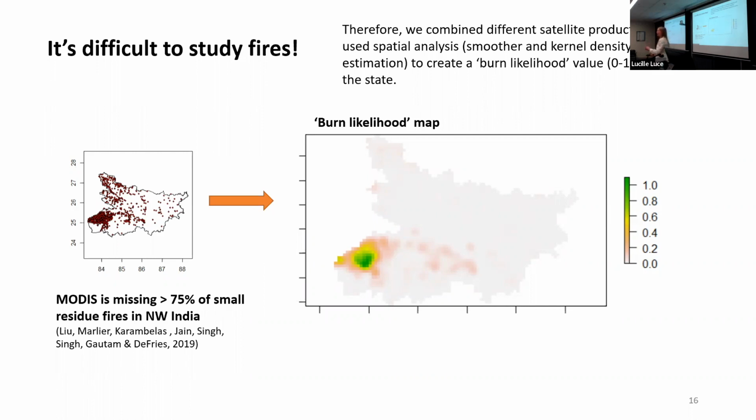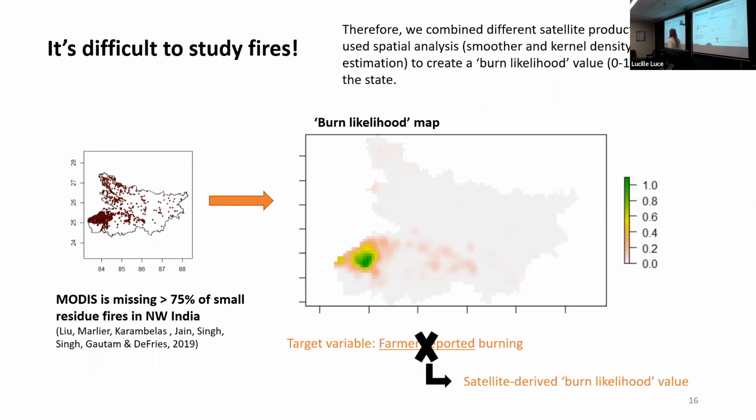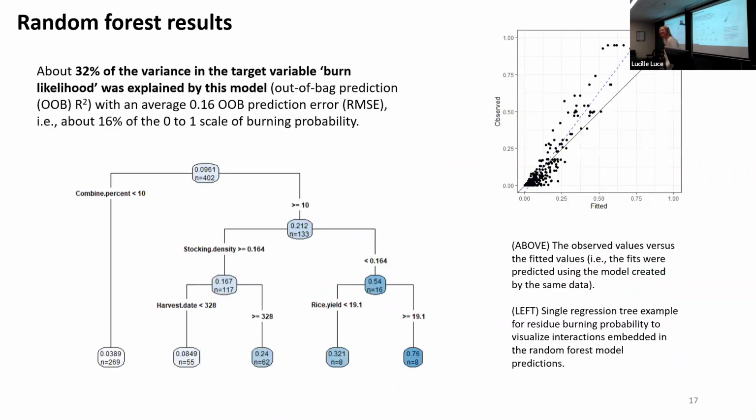And then we paired this with the GPS point of the household surveys to at least give us some type of connection and gap fill a little bit of this error. So instead of the farmer reported burning for our target variable, which would have been ideal, we then use the satellite derived burn likelihood value. So it's just a way to gap fill and get a little creative, I guess.